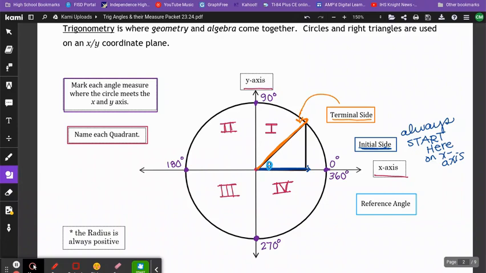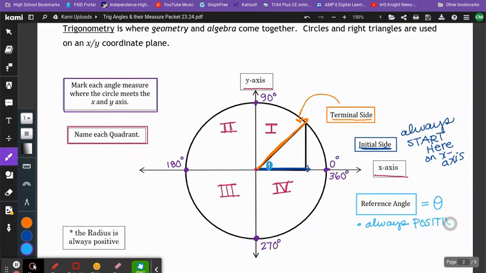We call the reference angle theta, and it's the angle that we use to form our right triangle in order to be able to use our trig functions. The reference angle is always positive, and it's always adjacent to the x-axis. It's always on the x-axis.